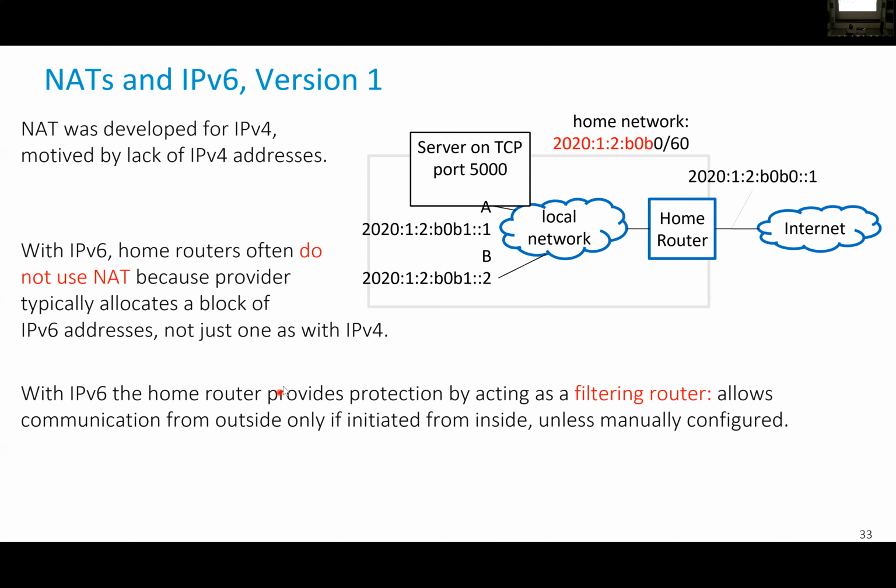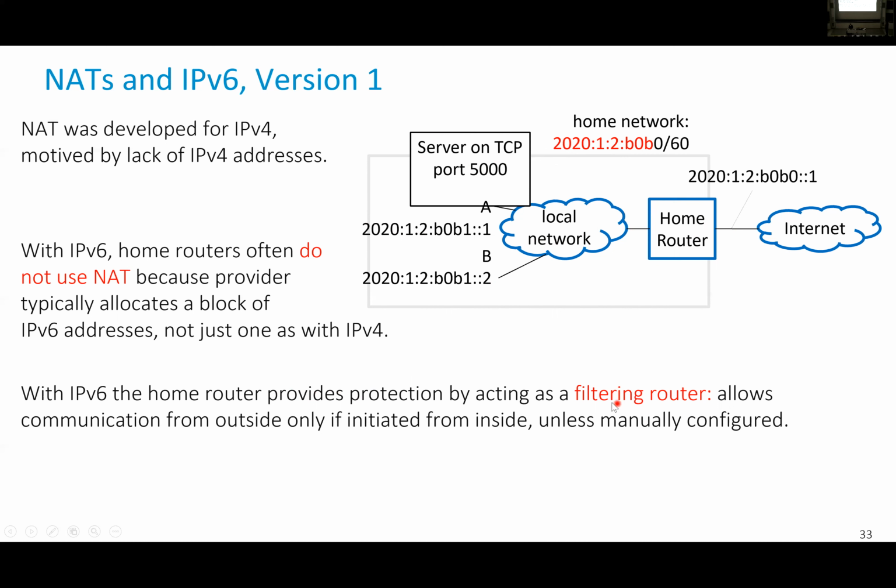So typically home routers, when you do this, will act as filtering routers. Now, your home router for IPv6 is not a NAT. It's a regular router. It receives a prefix from your internet service provider, and your home network uses this prefix. So it's a regular router, uses longest prefix match and all the like.